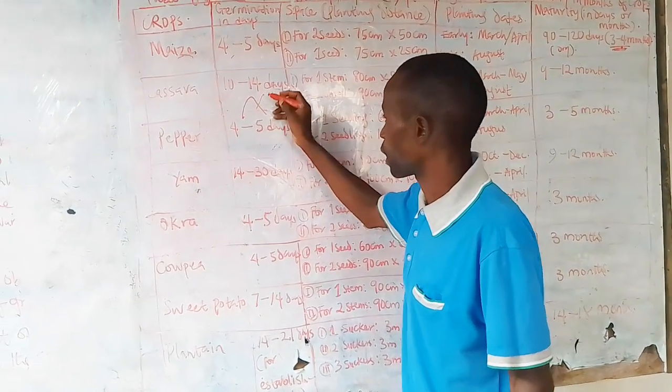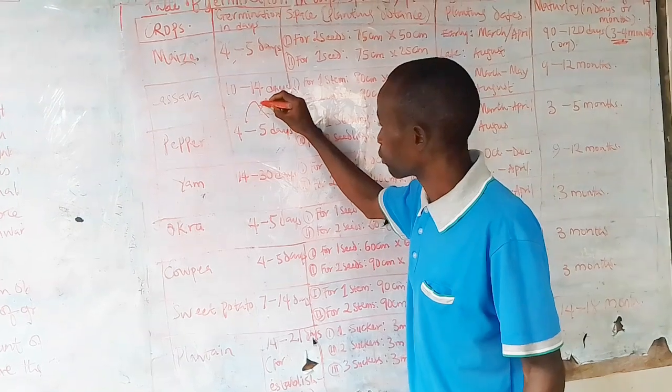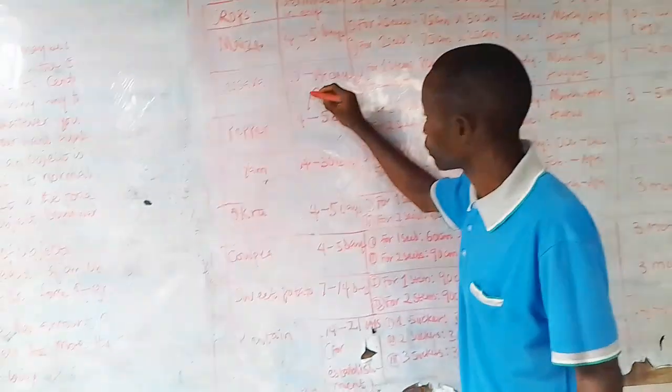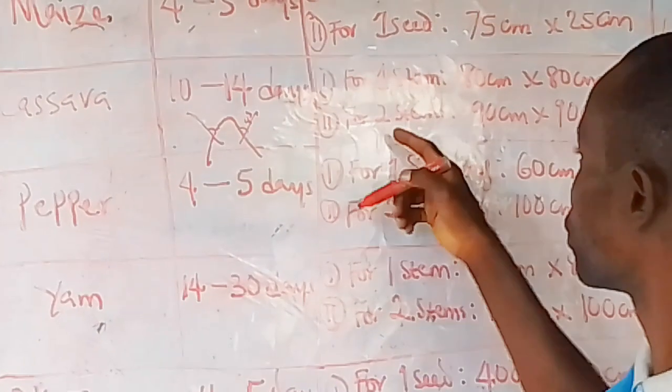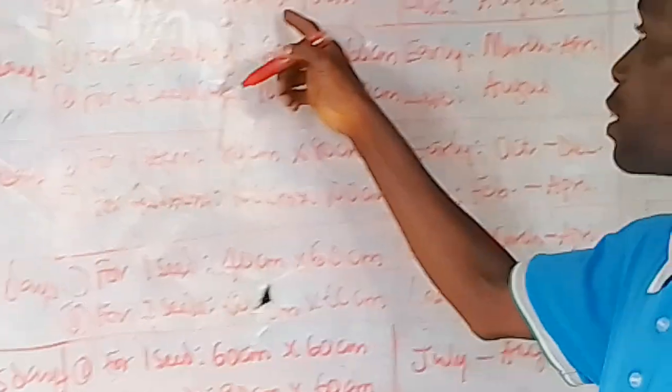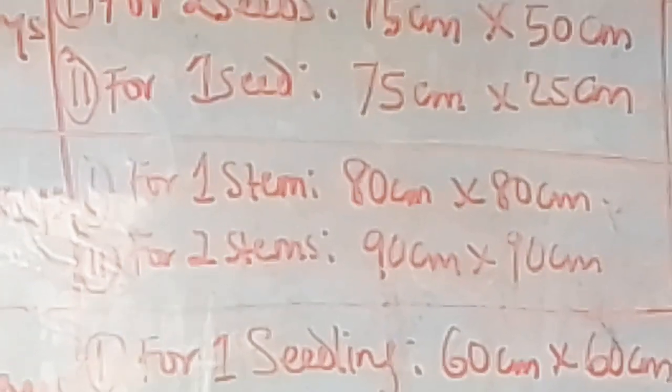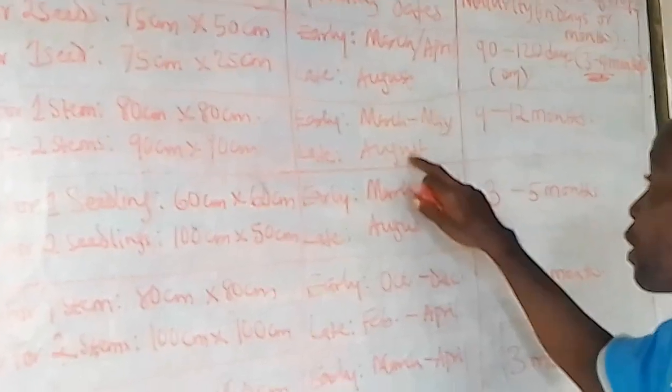You put one stem at a 45 degree angle, and then you put another one at 45 degrees. Between mounds will be like 90 centimeters. You plant between March and May. Late planting is around August.